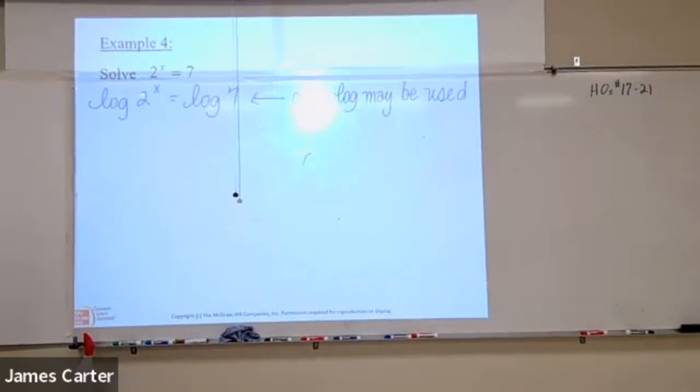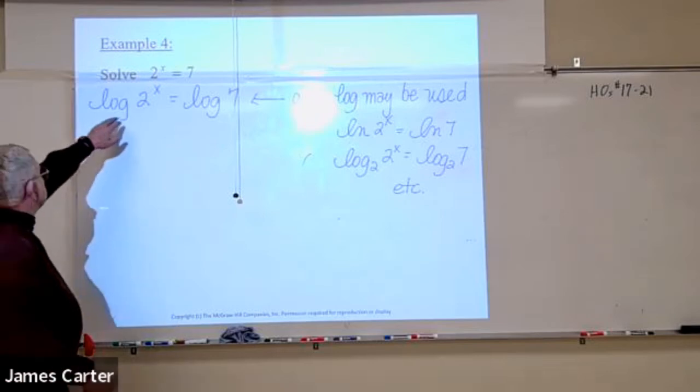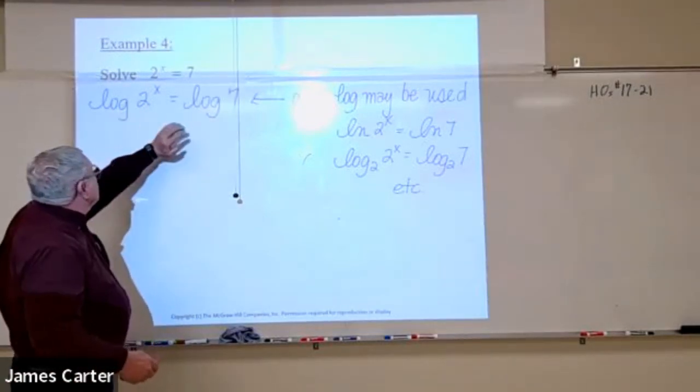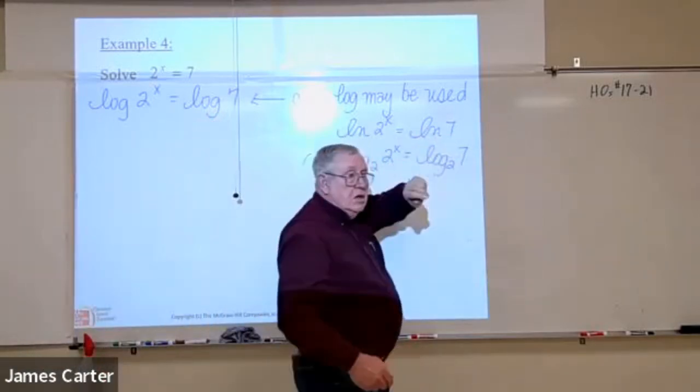But anyway, we put a log on both sides of this. Now, here they did the same thing with natural log, and they did it with log base 2 on both sides. In other words, you can use log base 10, or log 2, or natural log.